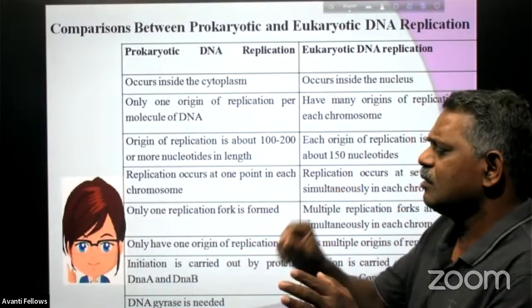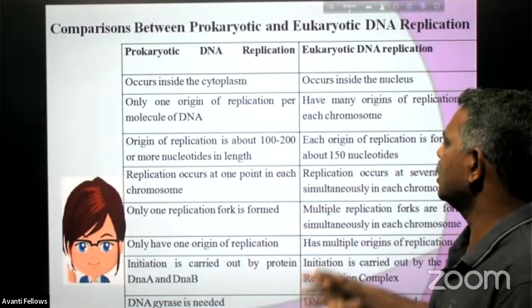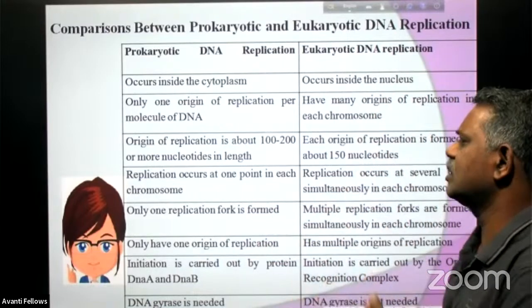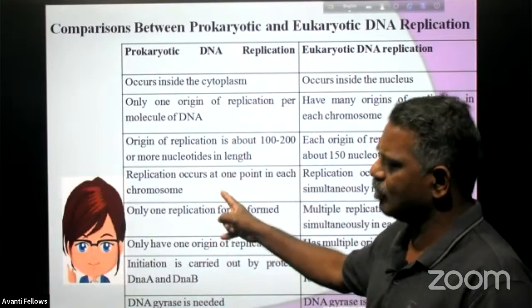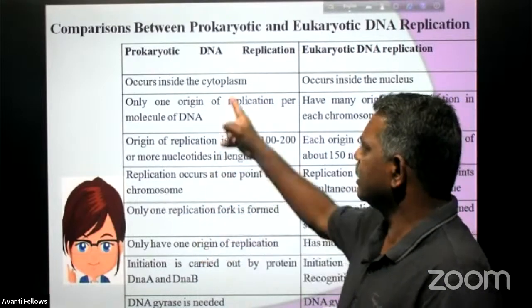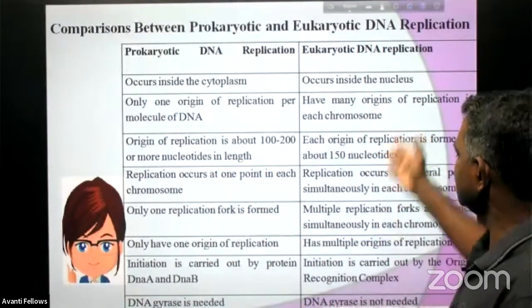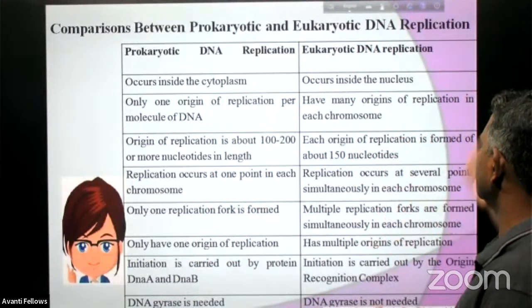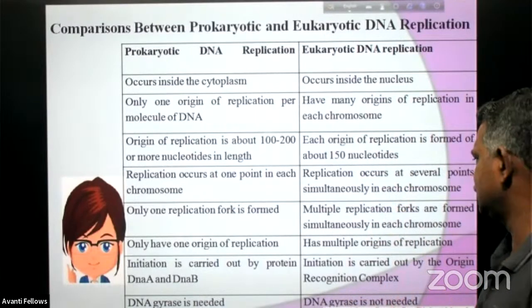In every chromosome, we can find a number of oris to start the process of replication. And because of only one ori in prokaryotes, there is only one replication fork, whereas in eukaryotic cells, multiple replication forks are formed simultaneously in each chromosome.